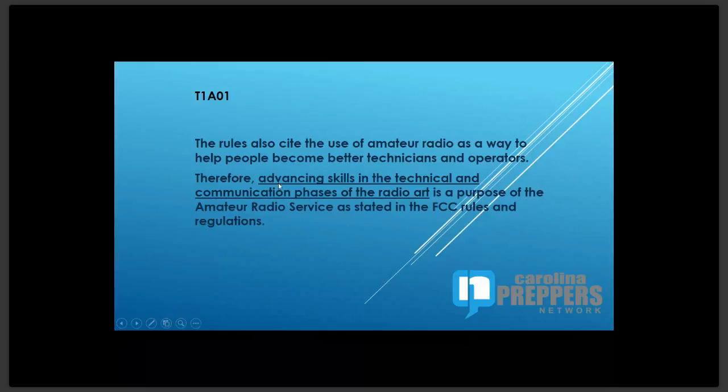As you can attest by taking this class, when you're done, your technical skills and understanding of what a capacitor and a transistor and a diode are, what repeaters are, and what propagation is, you're going to advance in those skills. So that should help you memorize that answer for that question.